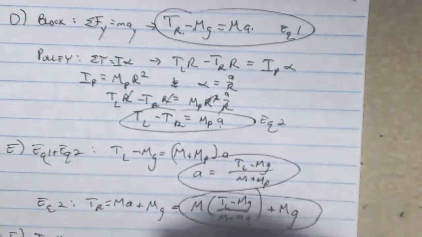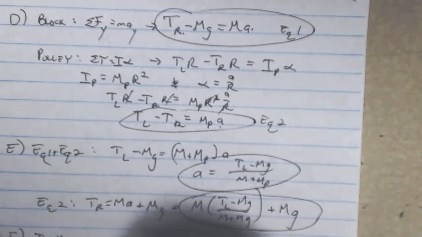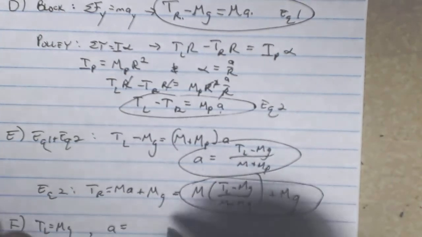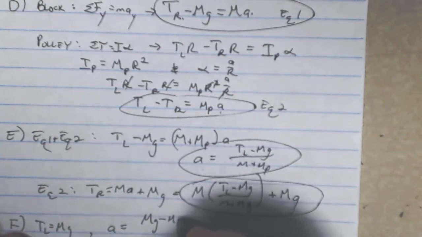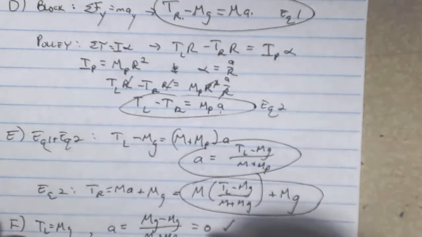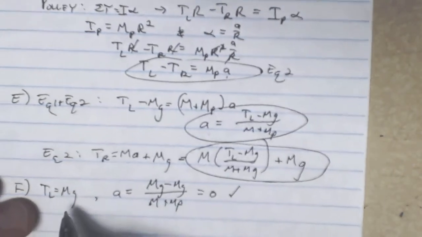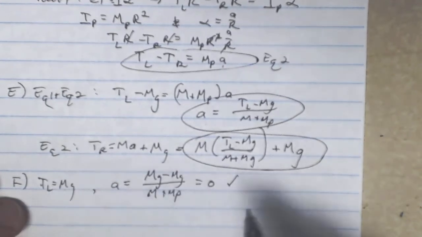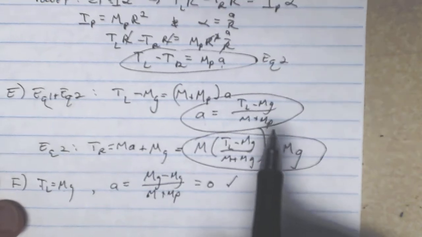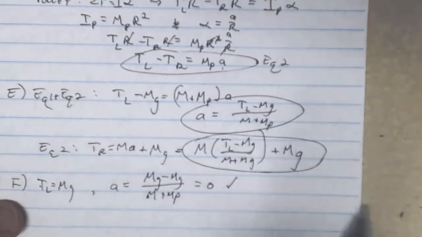So that should give us zero acceleration. And in fact, when you go to our acceleration formula up here, if TL equals mg, we have mg minus mg divided by m plus M_P, and that's equal to 0. And as I just explained, that makes sense because you're just balancing the weight with the tension that you're applying to the pulley. So really the pulley just changes the direction of the tension. You could just be holding it straight up and have the same answer.